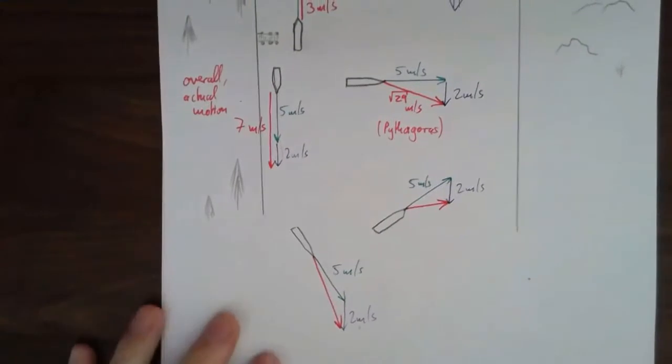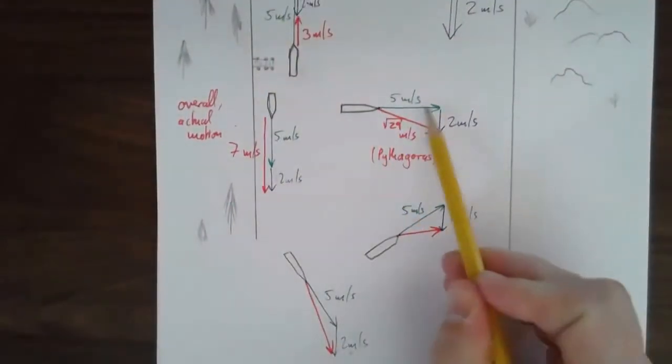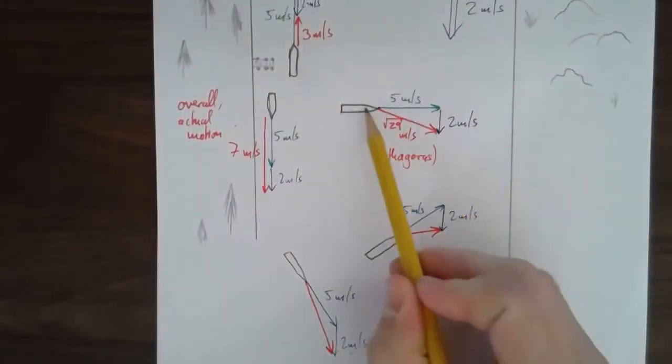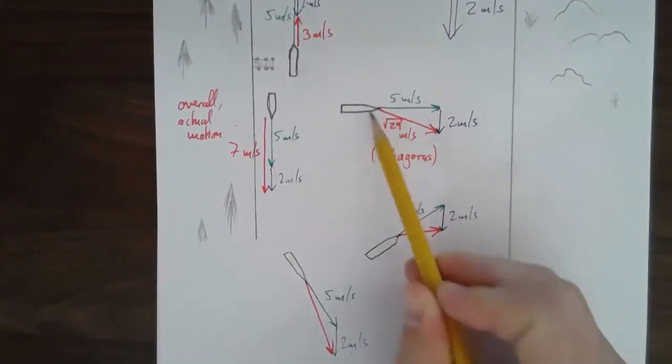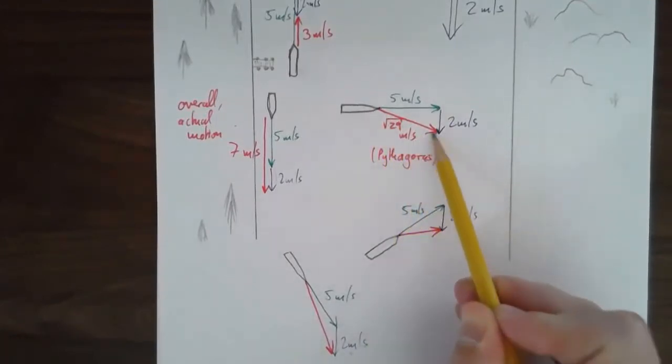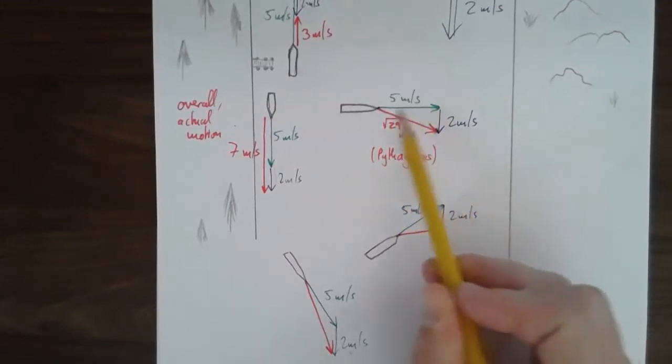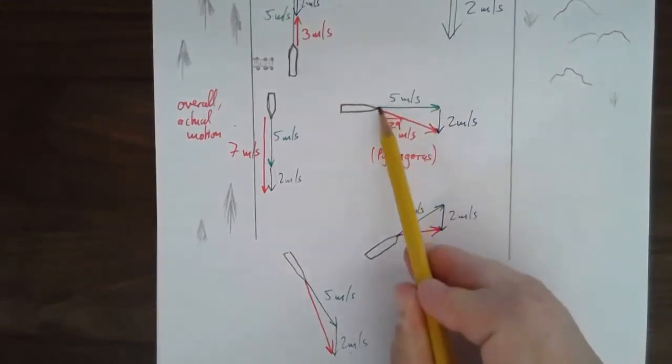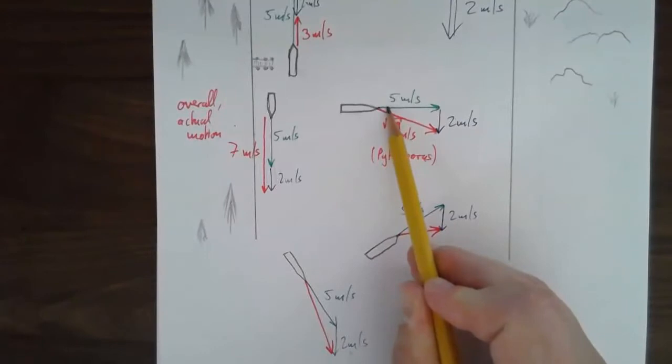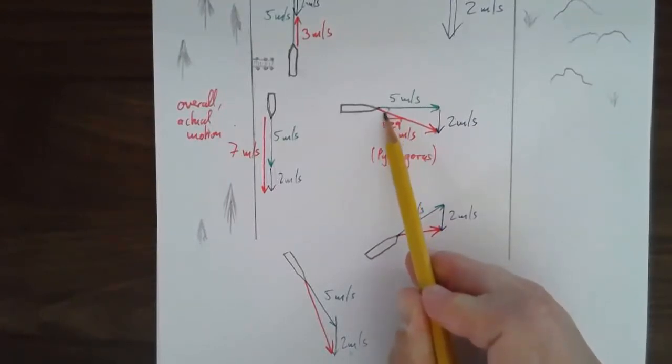Now it seems obvious when we add displacements, like the boat's going from here to here and from here to here. Of course, realistically, it's not going in steps, right? It's going to go along this direction here, because you could play this game with, well, after 0.1 seconds, it'll be 0.5 meters over and 0.2 meters down, and so on, right?